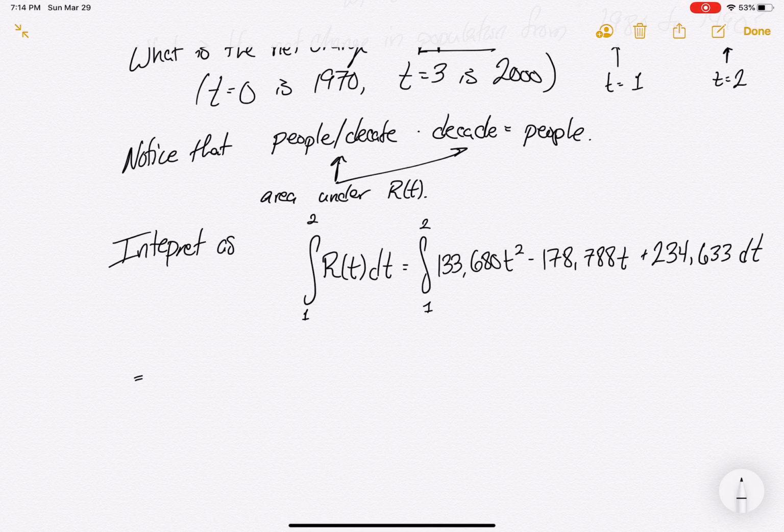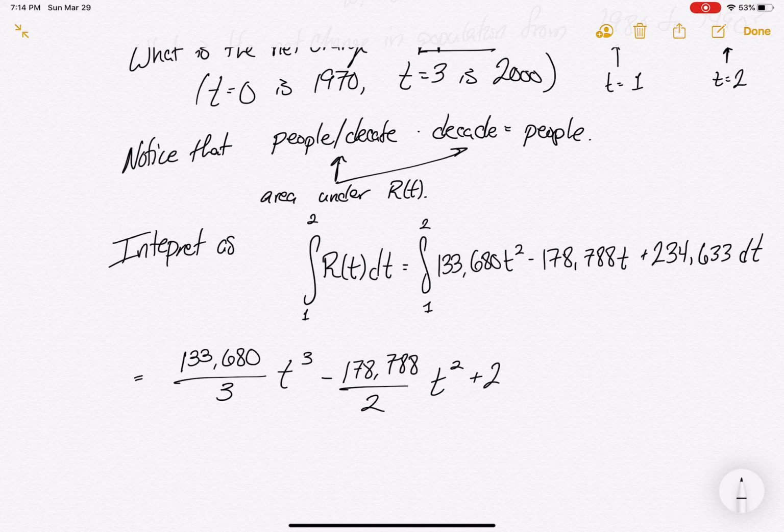Dividing 133,680 by 3, I get t cubed minus 178,788 divided by 2, t squared, plus 234,633 t. And then, since this is a definite integral, I'm going to have to evaluate at my bounds. That's the one special thing here. Notice I didn't add that plus C. Hopefully you guys are getting used to that you don't need it for definite integrals.